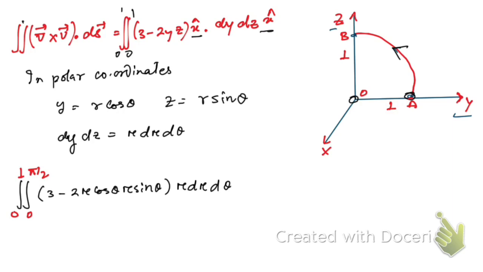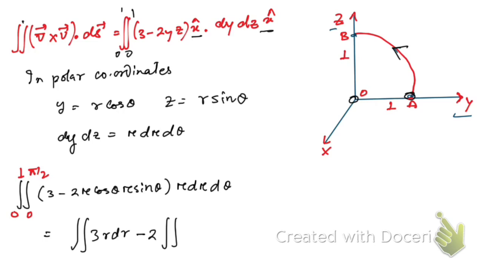Okay, so now what we can do here, first let us ignore the limits. First let us integrate. So how to integrate this? You see what we're gonna do. Now this can be written this way: integration 3 r dr, right? Then minus 2 can be written outside, 2 integration.